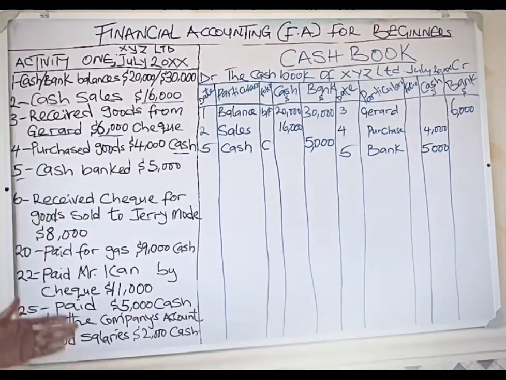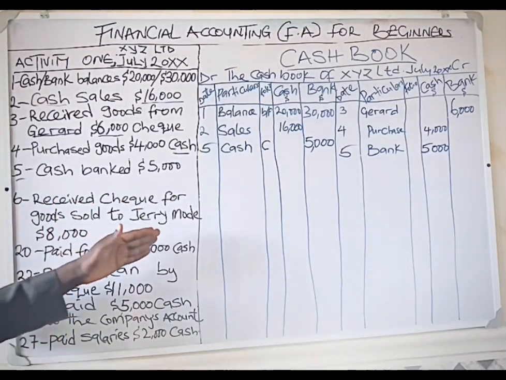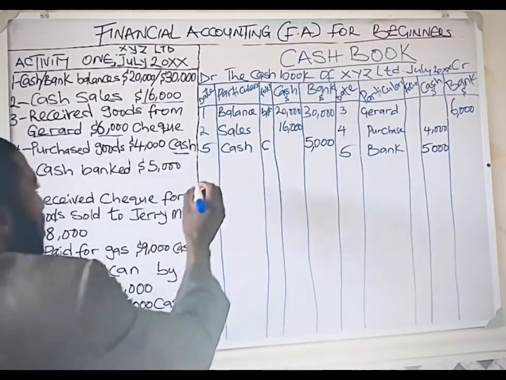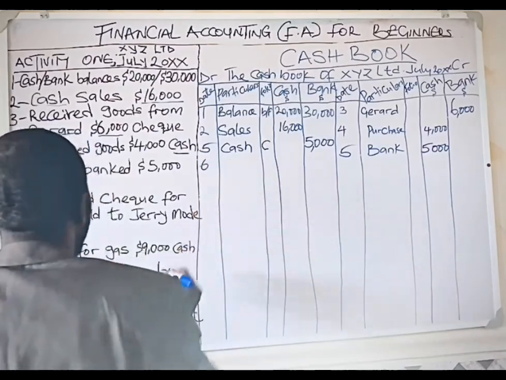Received check for goods sold to Jerry, $8,000. We receive check. So this is a debit transaction. We receive check at the bank column on the 6th of July.